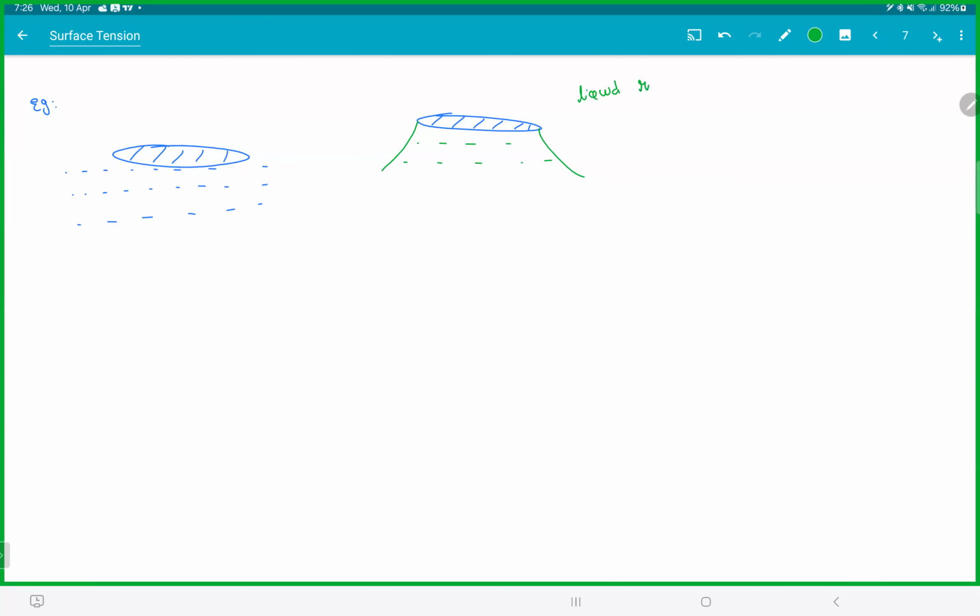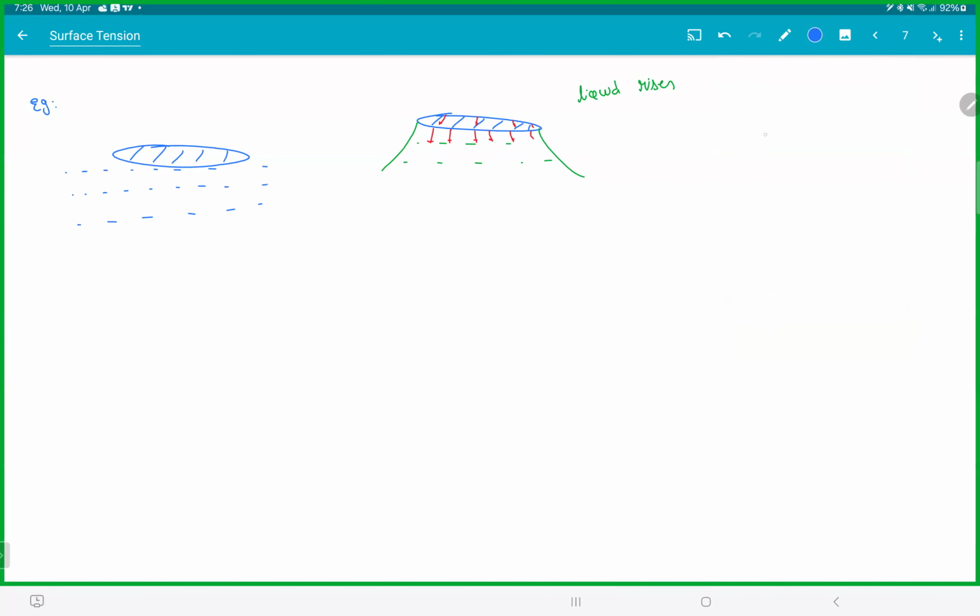Remember, I said it's like a trampoline. Think of it like your shatka button. If you pull your shatka button, how does the cloth come out? It rises, right? So when you pull the thing, it is just like you're pulling your shatka button. So the force will actually become like this.